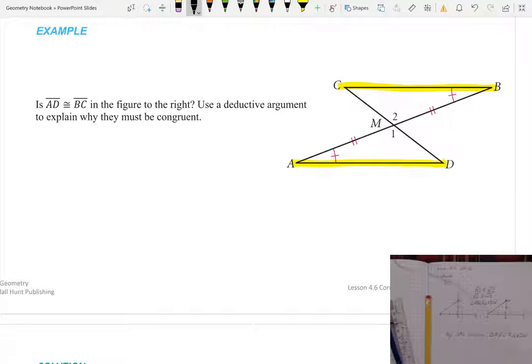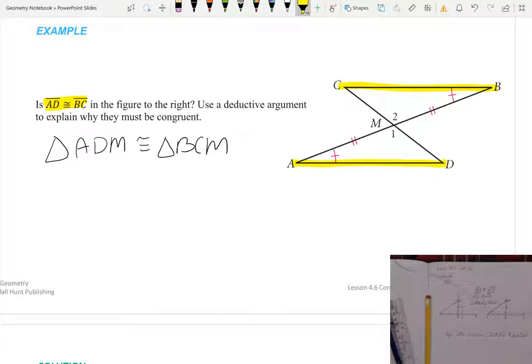To show this, I need to show that triangle ADM is congruent to triangle BCM. Once I prove those triangles are congruent, then all the corresponding sides and all the corresponding angles are also congruent, meaning that AD at that point will be congruent to BC.